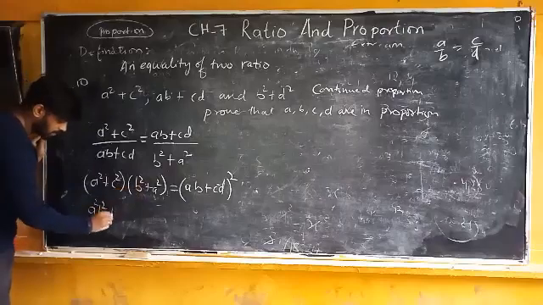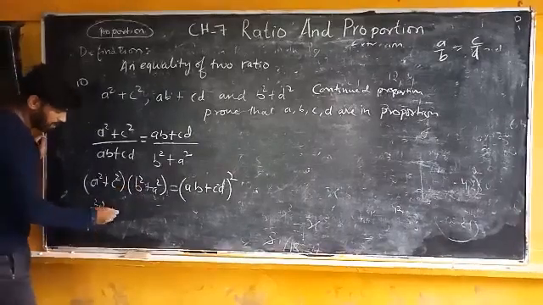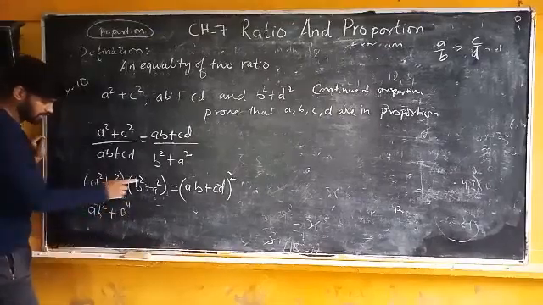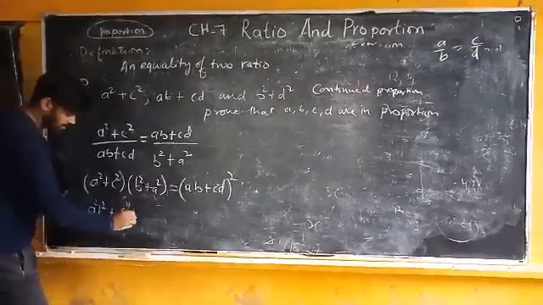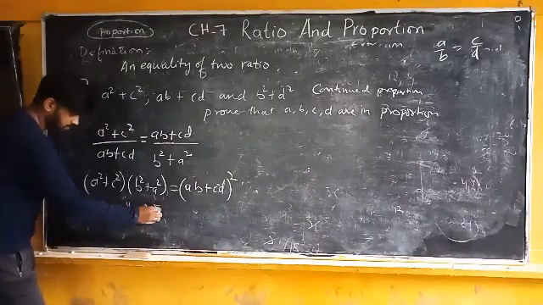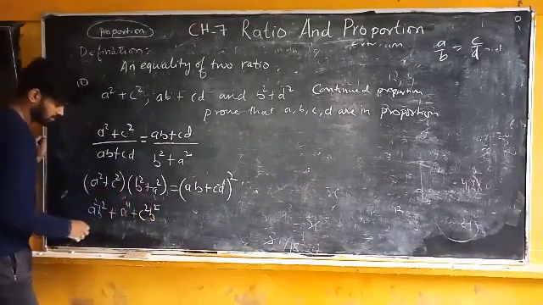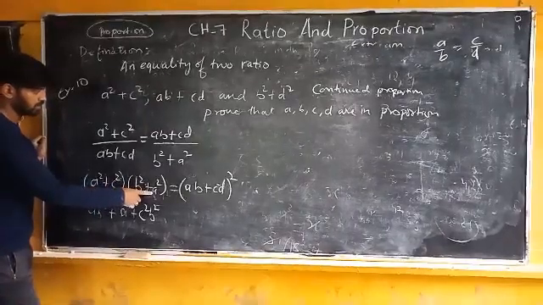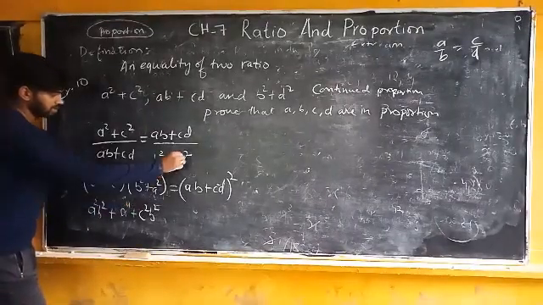This and this, plus A square D square, right? And then this and this, plus C square B square, right? This and this. This is D, I guess.